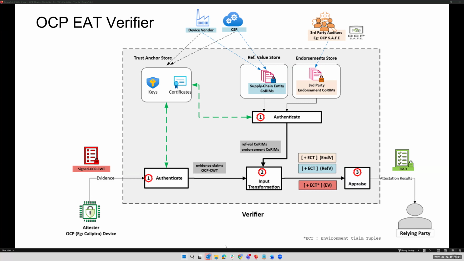Then, when you are going to appraise the specific OCP CWT, this picture applies perfectly. But you need to interpret that in the wider context, right? So the question I have is whether you are also specifying the binding mechanisms between this signed OCP CWT and the rest of the evidence that could come from a given PCB.